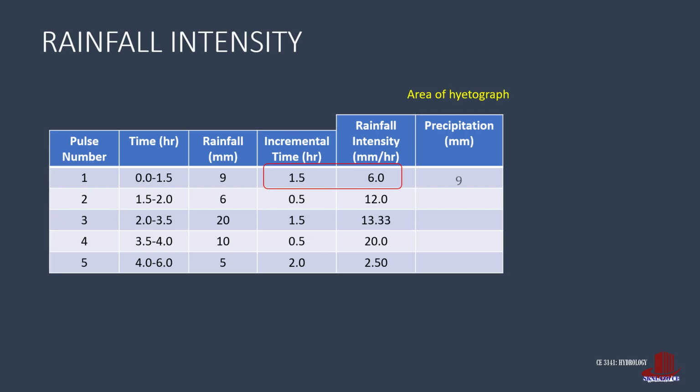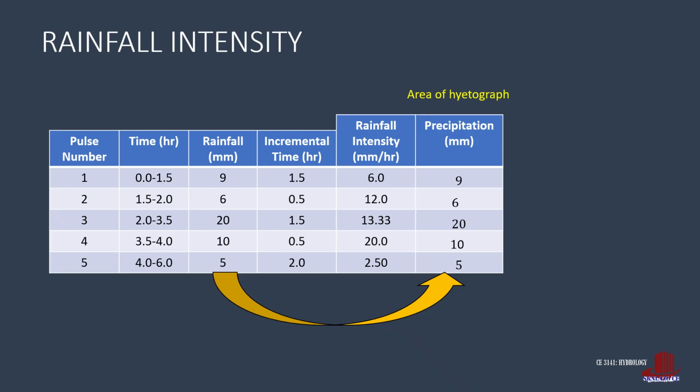So we have 1.5 times 6 as 9, then 0.5 times 12 as 6. Next is 1.5 times 13.33 as 20. Then 0.5 by 20 is 10. Then 2 times 2.5 is 5. Take a closer look at the values. They are the same as the provided values under rainfall.